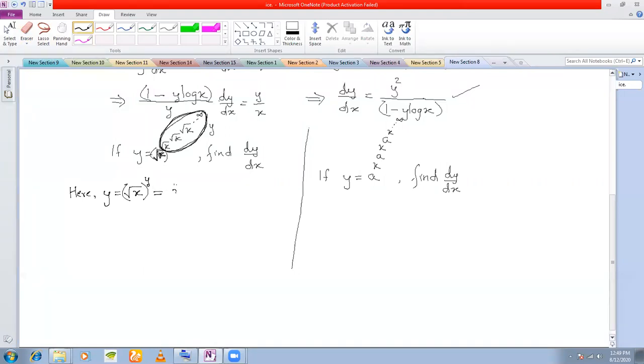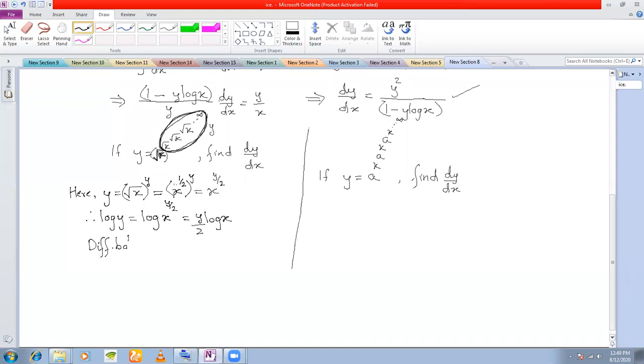I will have x to the power of half, whole to the power of y, which is x to the power of y by 2. Therefore, now I take logs. log y is equal to log x to the power of y by 2, which is equal to y by 2 log x.